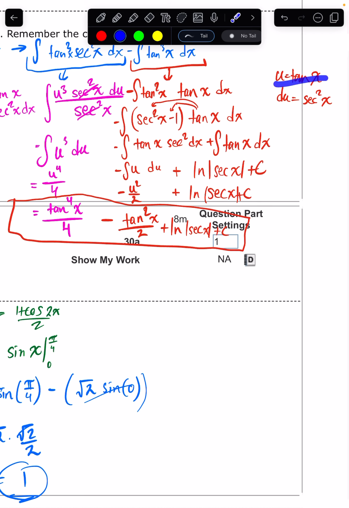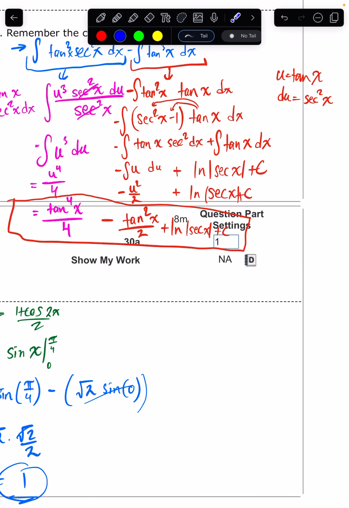Again, u is tan x, du is secant squared dx, which gets rid of the secant squared x, and you're left with integration of u, which is negative integration of u, which is this.